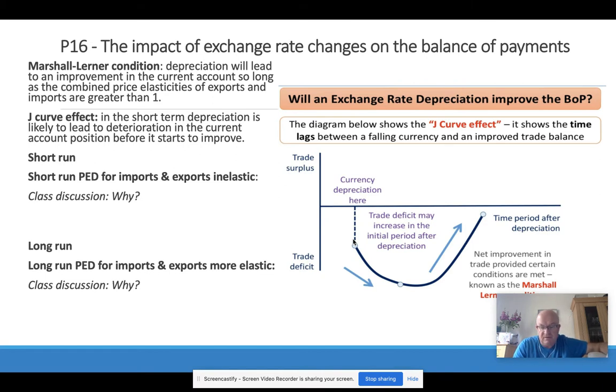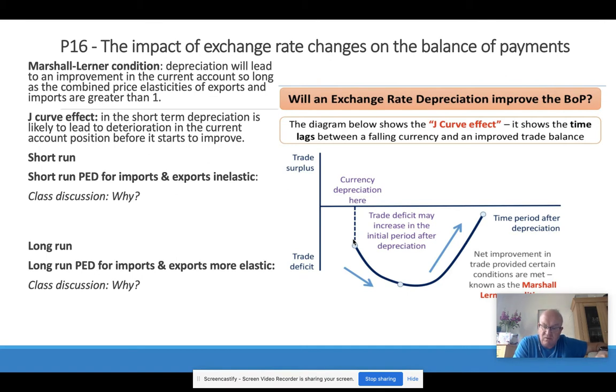Maybe businesses won't necessarily be able to change their own behavior in the short term. So in the first instance, a depreciation in the value of the currency is likely to cause a further trade deficit. However, over time, there will be a net improvement.